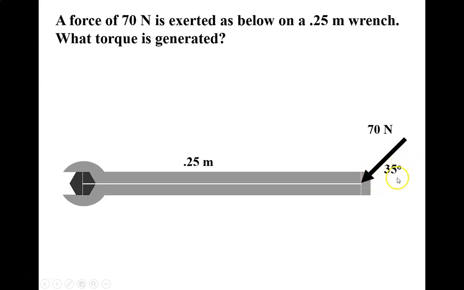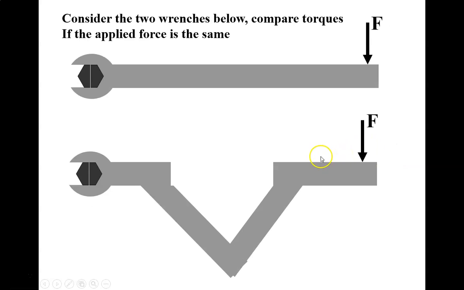We would need to find this component, the perpendicular component. So it would be the sine of 35 equals our y component over 70. We would solve for that component and then multiply that by our lever arm. So we would only use part of the force, but we would use this whole lever arm. As opposed to another method where we can use the whole force and part of the lever arm, and it works out the exact same way.